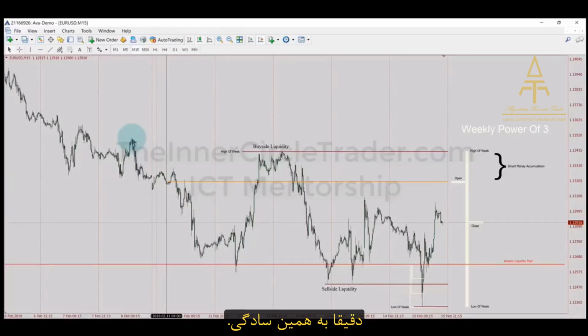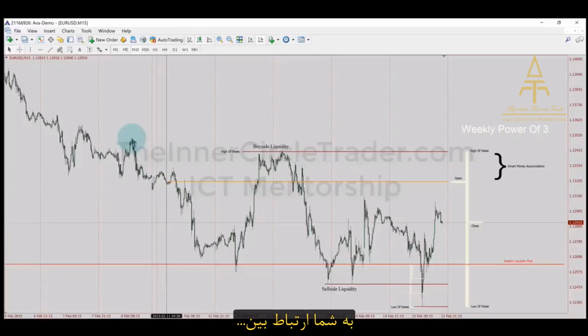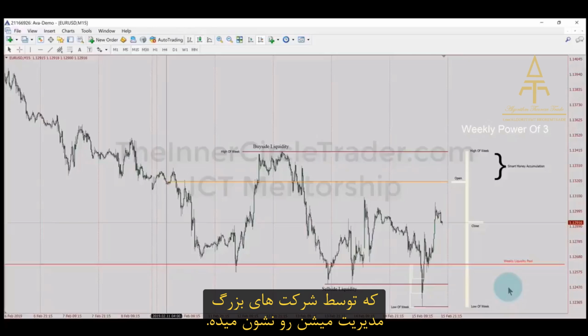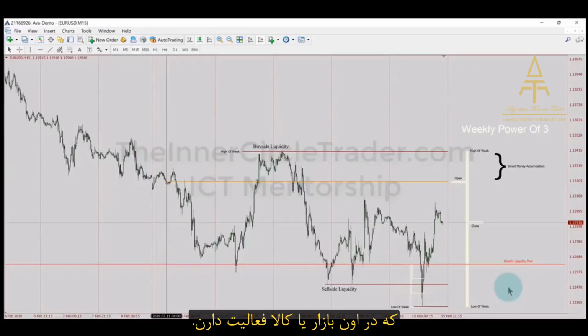That's why COT works. COT data, Commitment of Traders reports. What is that? It's showing you the relationship between the large pools of liquidity being held by the large funds. Who gave those positions to them? The counterparty is the commercials, the large institutions, the banks, the producers or manufacturers of that market or commodity.